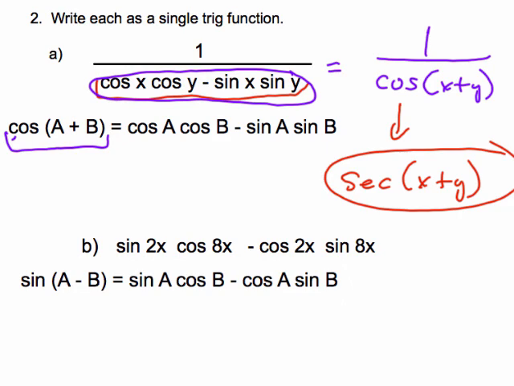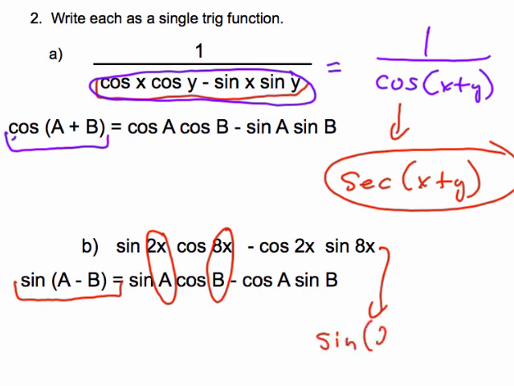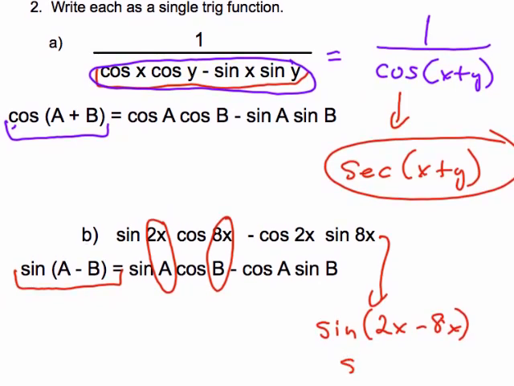So we're matching the pattern of the formula. Angle A is 2x, angle B is 8x. So this entire expression here reduces to the sine of 2x minus 8x. So therefore that's equivalent to the sine with an angle of negative 6x.